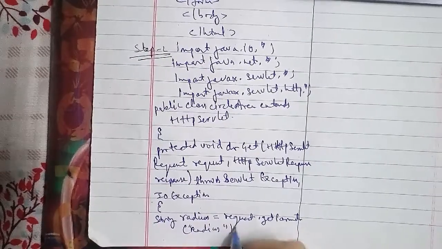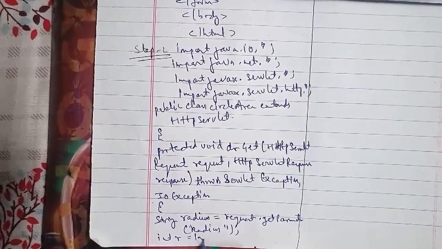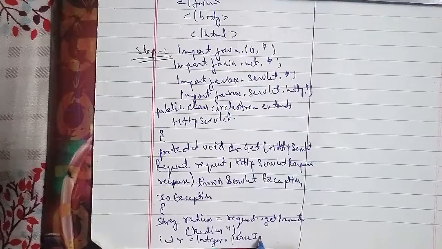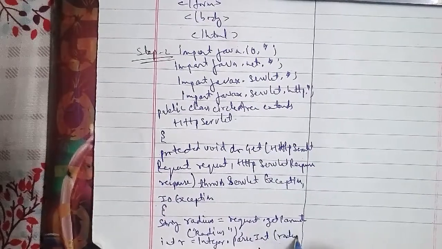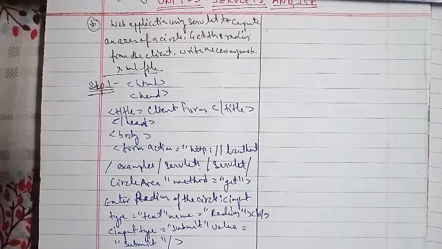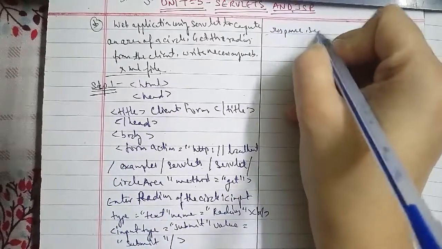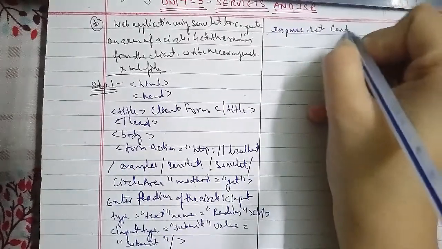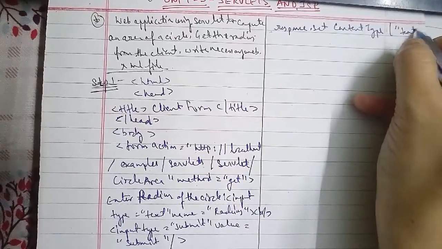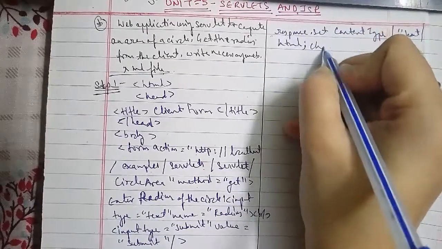This is your response.setContentType, that is text/html; charset, that is your character set, equals UTF-8. Then PrintWriter out equals response.getWriter, that is your out.println.